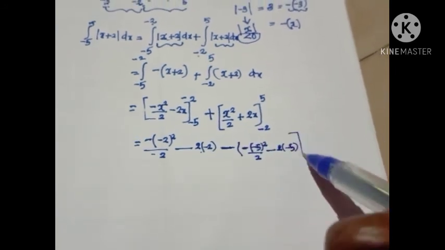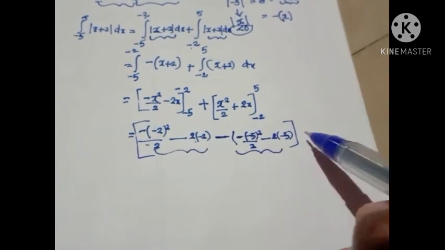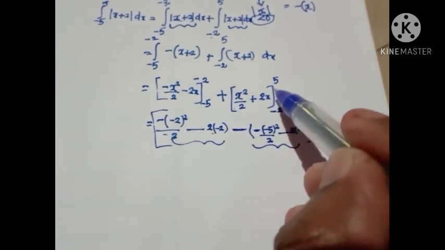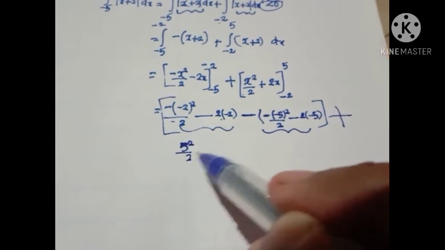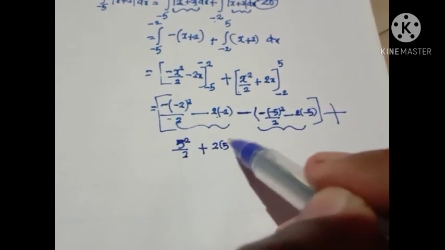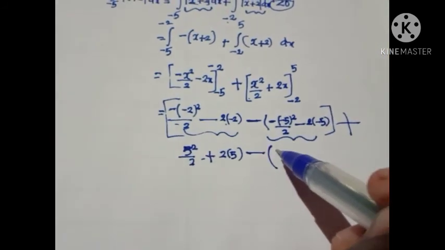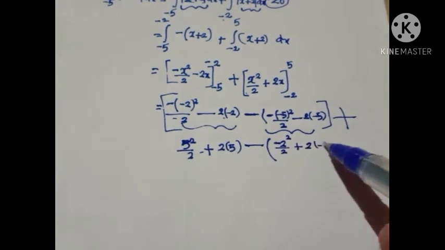So listen, upper limit minus lower limit, plus similarly here also upper limit minus lower limit. This becomes 5 square by 2 plus 2 into 5, upper limit, minus lower limit, minus 2 square by 2 plus 2 into minus 2.